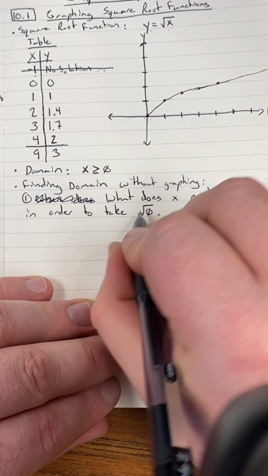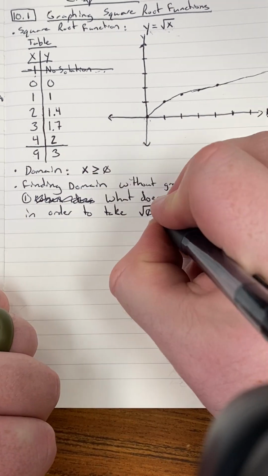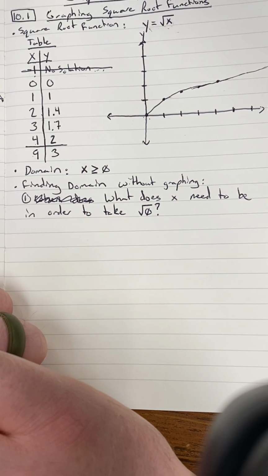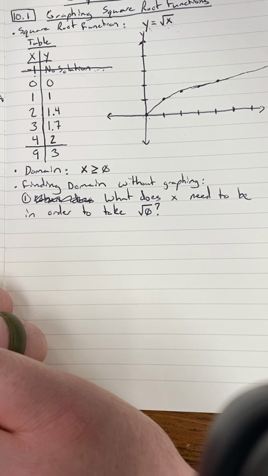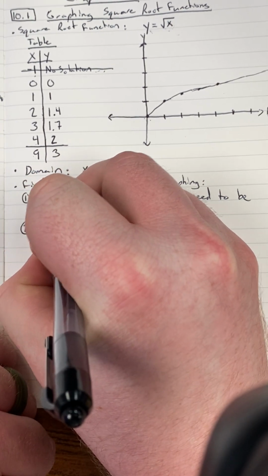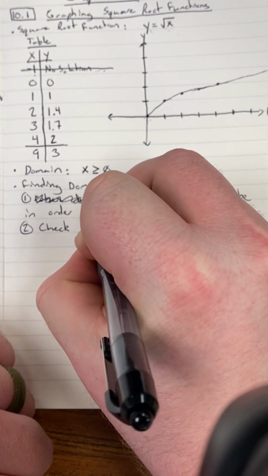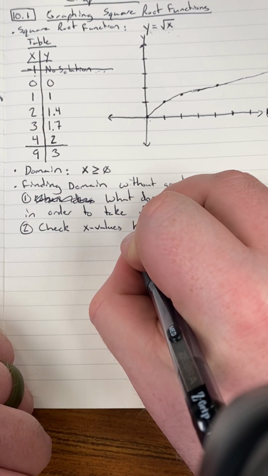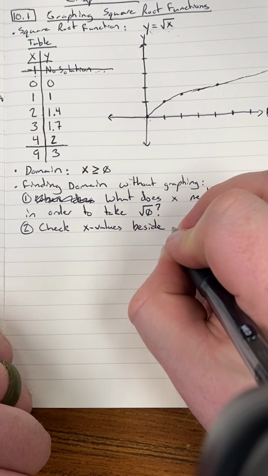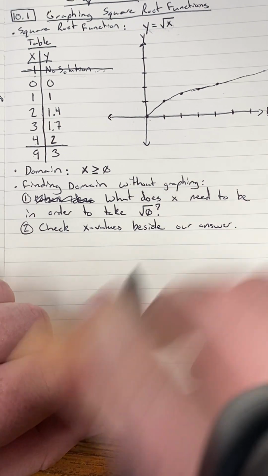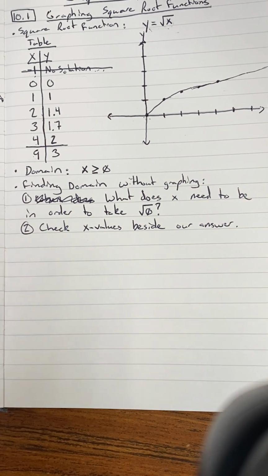And you can write that just like this. So what does x need to be in order to take the square root of 0? Okay, that's what we're going to ask first. And then the next thing we're going to do is we're going to check x values beside our answer. Okay, so those are going to be our 2 steps. All right, and that's going to help us know which direction we go.